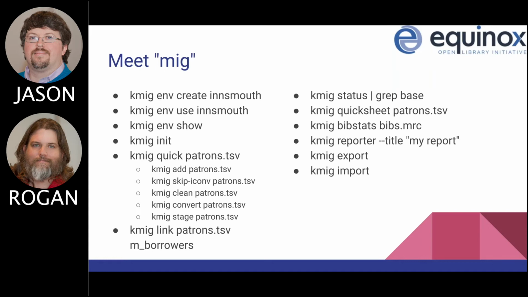Quick sheet is extremely useful. It gives you a statistical overview of what's in a tabular data source. So you have these files, you want to get a quick overview of them, what kind of data is in each column, what kind of value ranges you have, things like that.